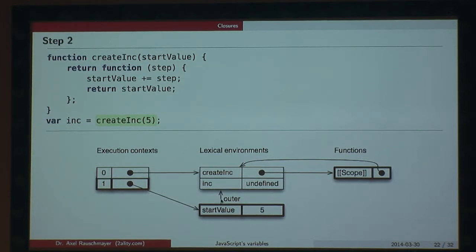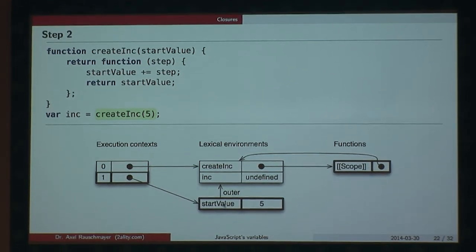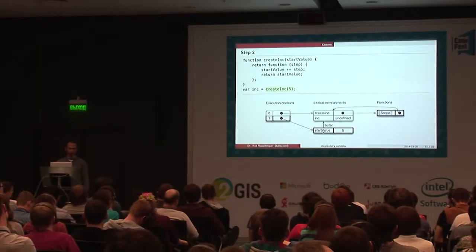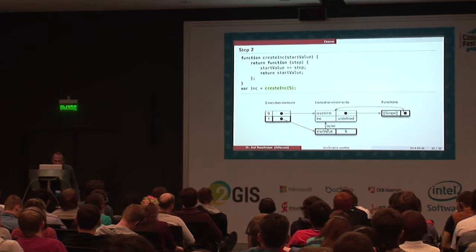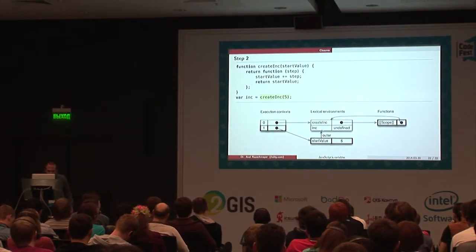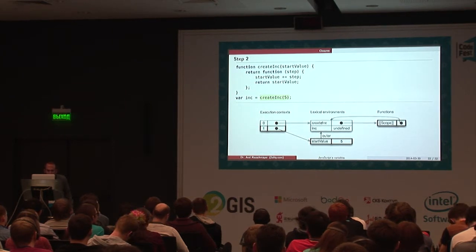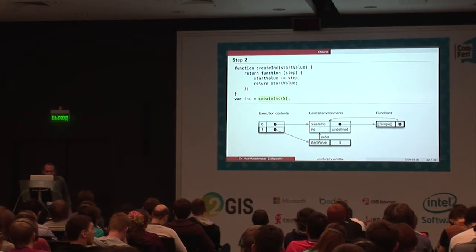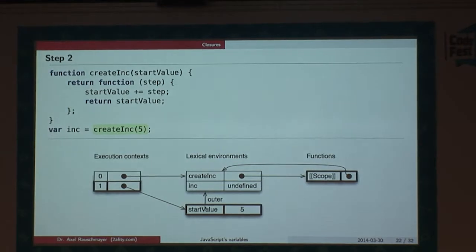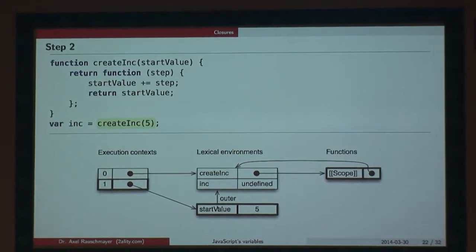And we can see that because scope points to the global environment, outer now points to the global environment too, which is exactly what we want. Because down here, this is the environment of createInc, right? And it's nested inside the global environment, which is up here. So from down here, we will be able to access all global variables.